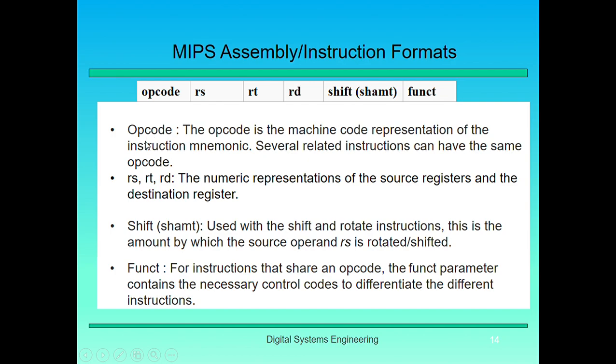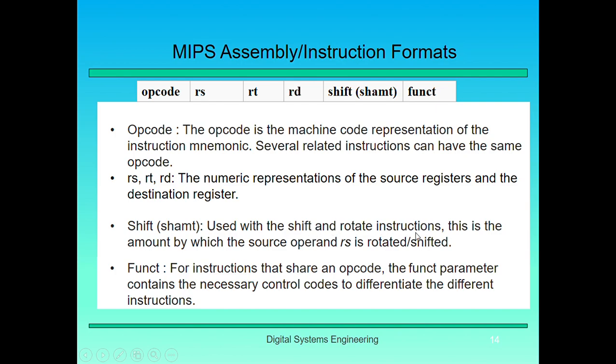The opcode is basically the machine code representation of instruction mnemonics. Several related instructions can have the same opcode. RS, RT, RD we already discussed in the previous slide; these are the representation of source and destination registers. SHAMT is the command used with the shift and rotate instructions.